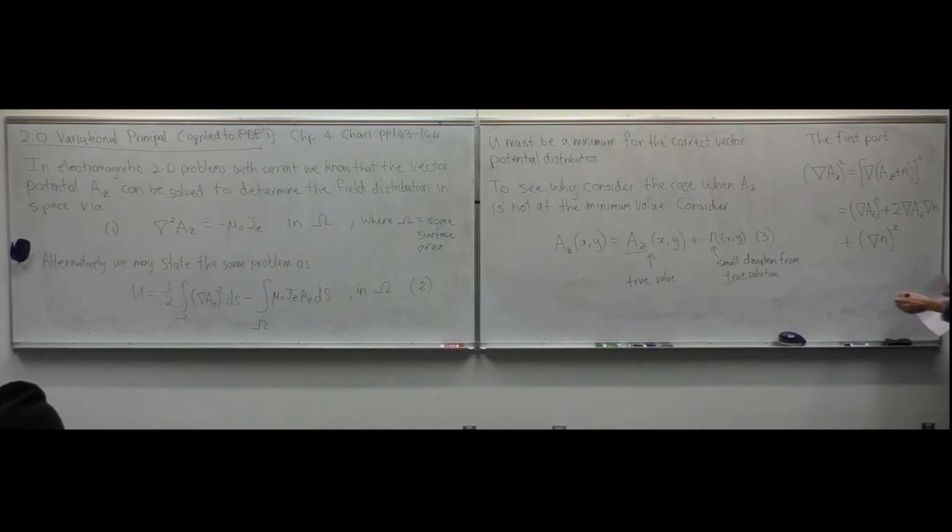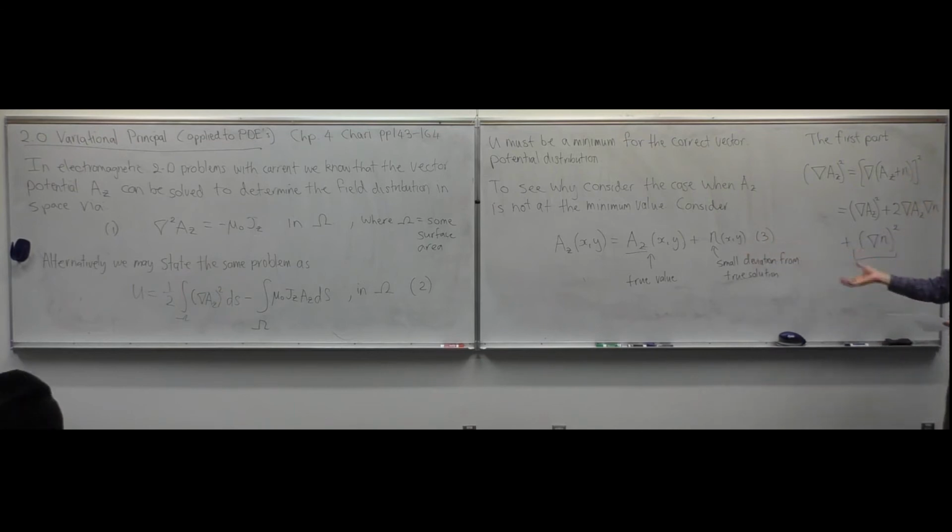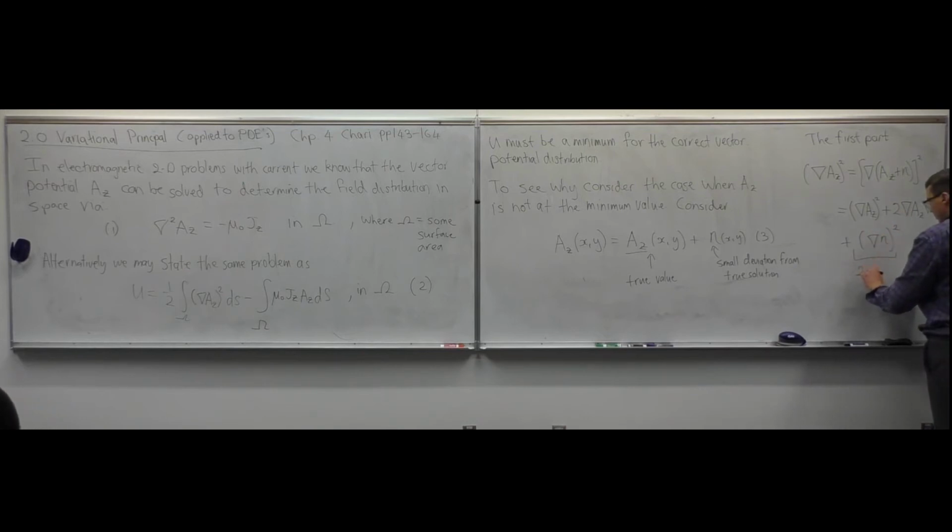This last term here is a second order term because it's the square of this deviation. If this is a small deviation and we square that small deviation, it'll be really, really small. So we're going to neglect the second order effects.